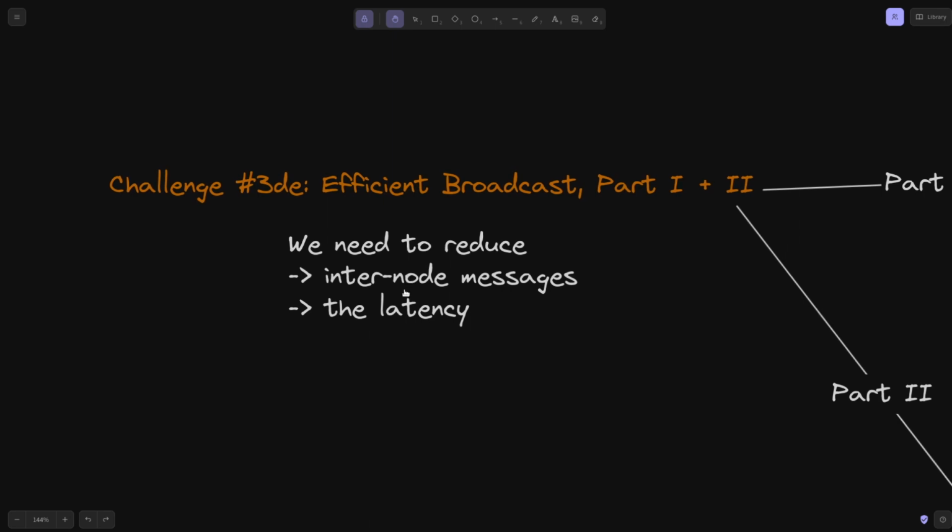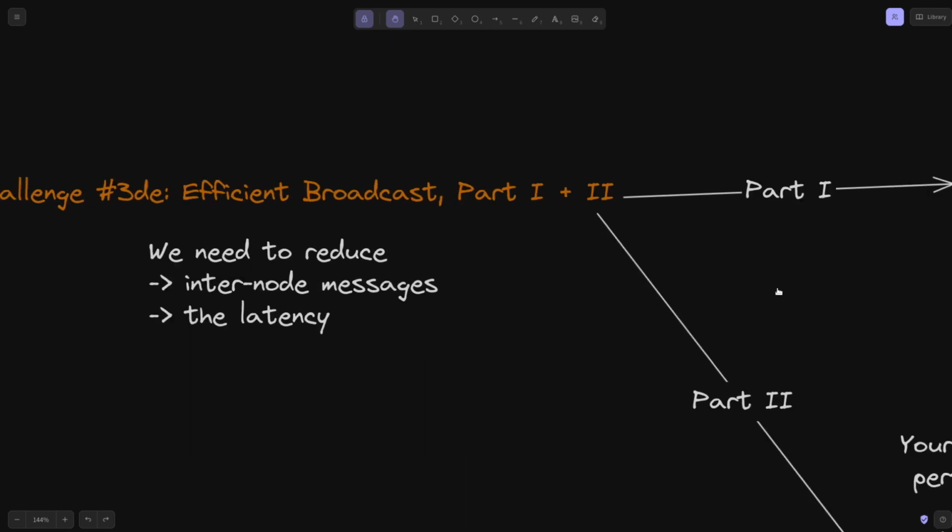Okay, so the main idea is to reduce the number of inter-node messages and the latency. The latency in this case is measured using the delay between a broadcast message and a read message sent by a client, expecting the same output which was sent by the broadcast message.